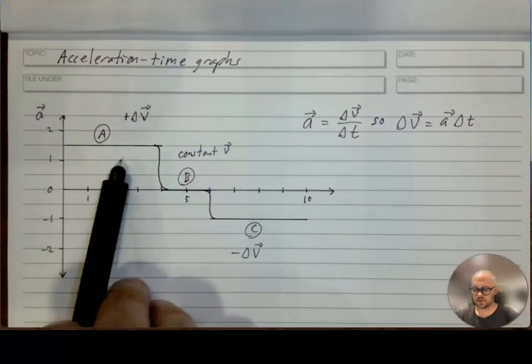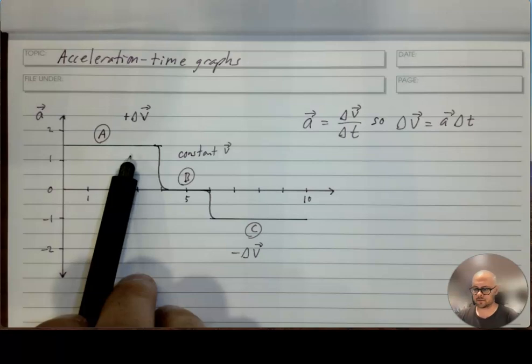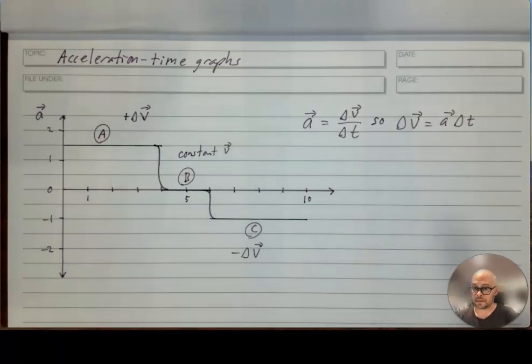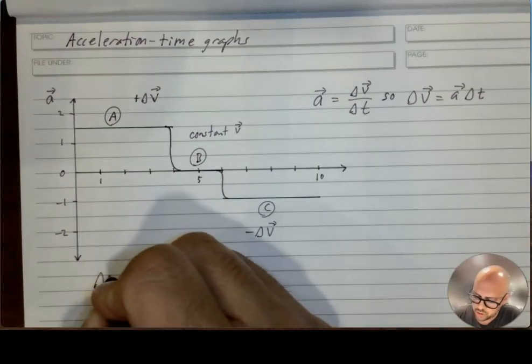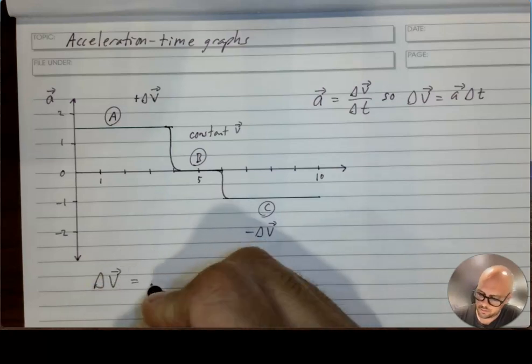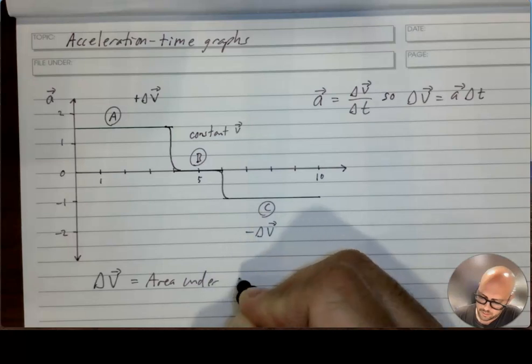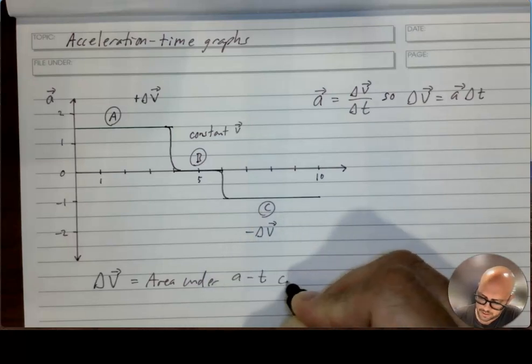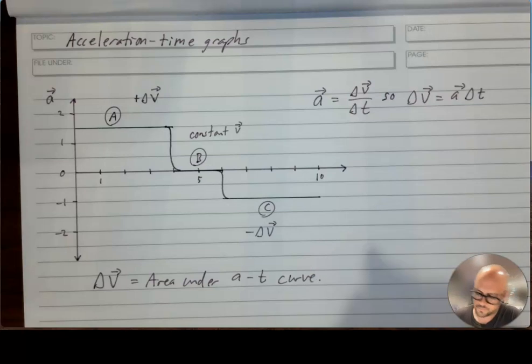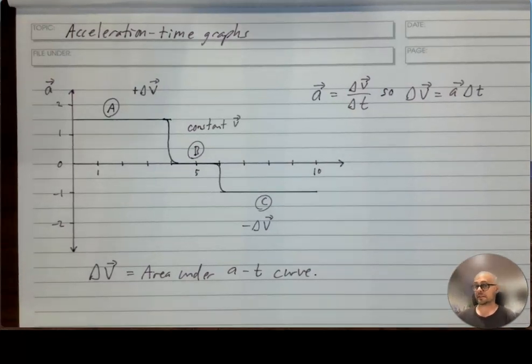The acceleration versus time graph can tell us something different in a very similar way. So the change in velocity is the area under an acceleration versus time curve. This is the same idea as when we did velocity versus time. The area under that graph was the displacement. This time it's the change in velocity.